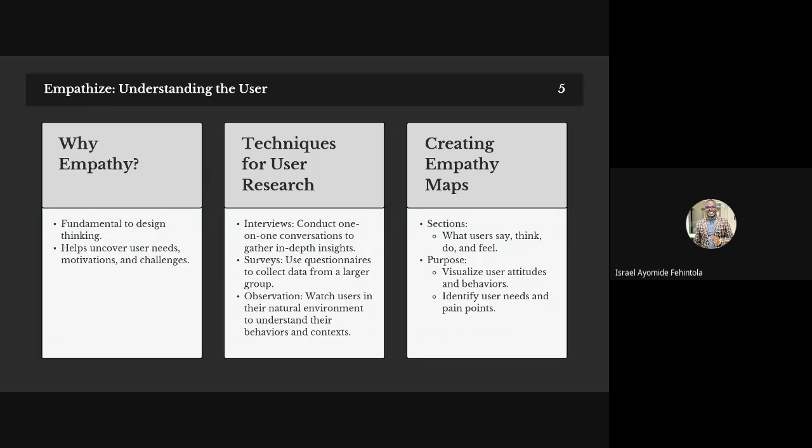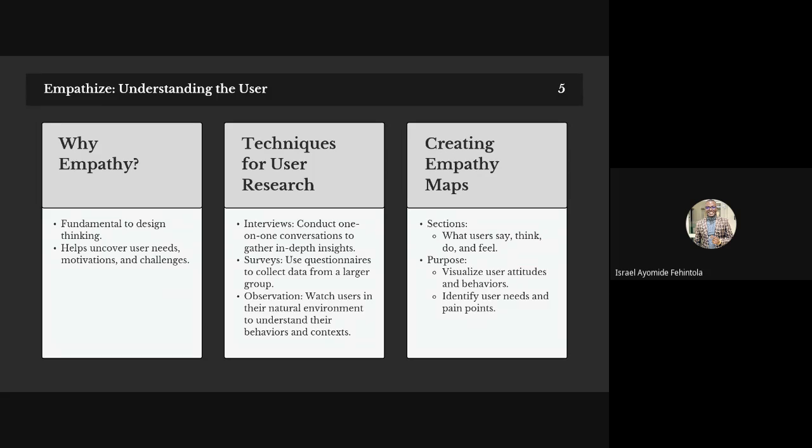For example, you are designing a new product for elderly users. It will not be enough to just ask them about what they want or their needs. Of course, you might not get a good picture of what you need to provide for them. You will want to spend time with them, observe how they interact with similar products, or even watch them use everyday objects. Maybe you will notice something they're struggling with, like packaging or finding buttons on devices to press.